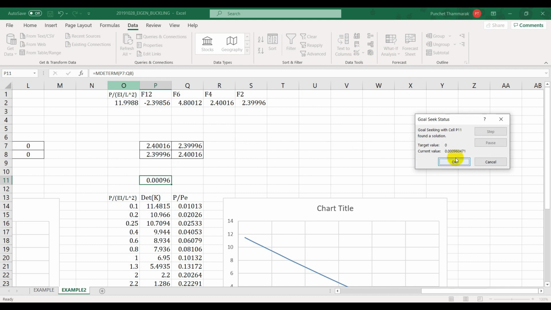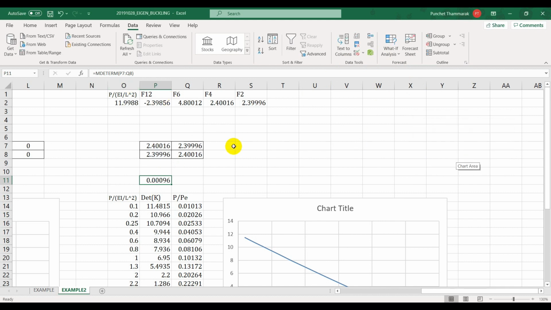Okay. So the PE ratio is this value. If we take this value and multiply by pi square, you get 1.21.